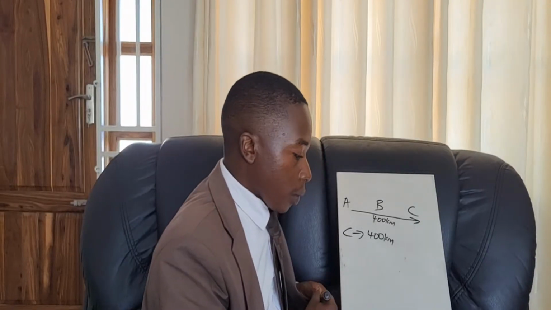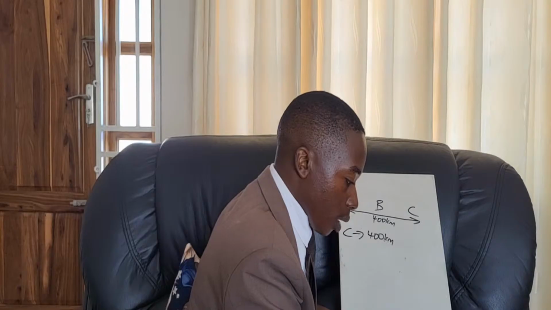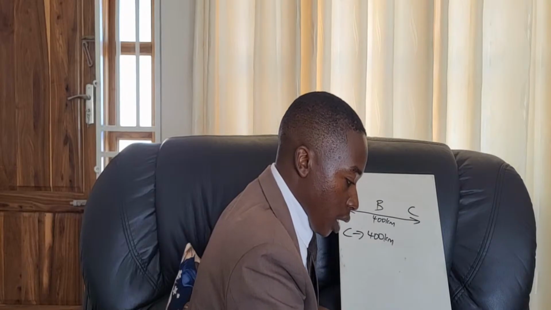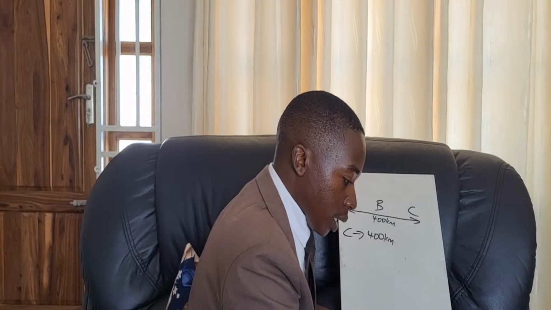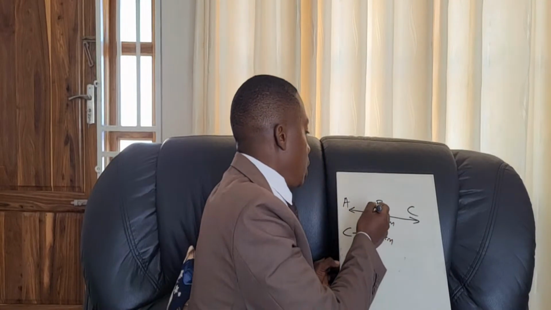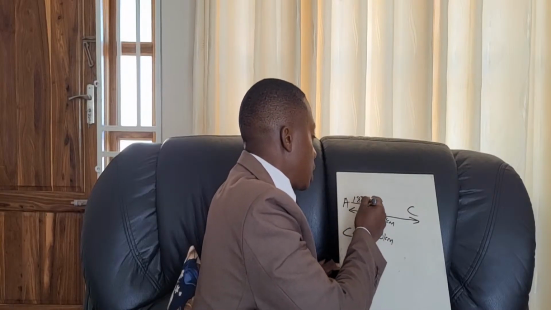Now, B is 1.88 times 10 to the power 2, that's 188 kilometers from town A. B from A is 188 kilometers. Right? That's the diagram. So the question is, find the distance of town B from C.